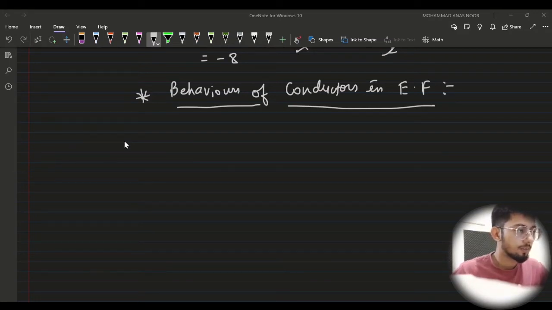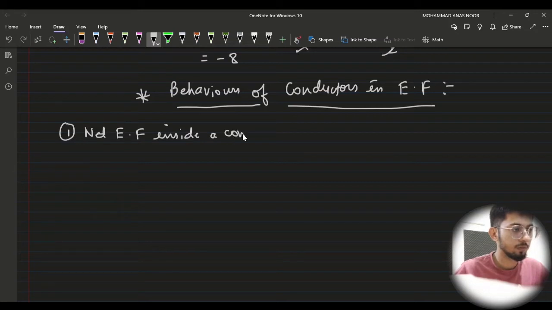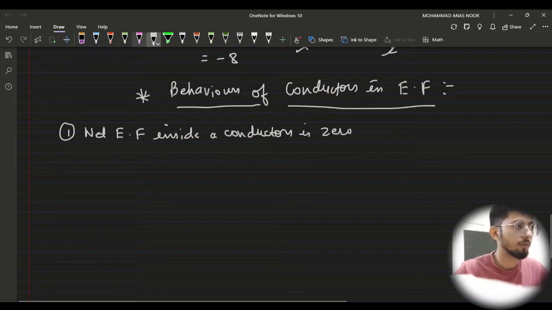First, a very important one, is that the net electric field inside a conductor is zero. Let us prove it.